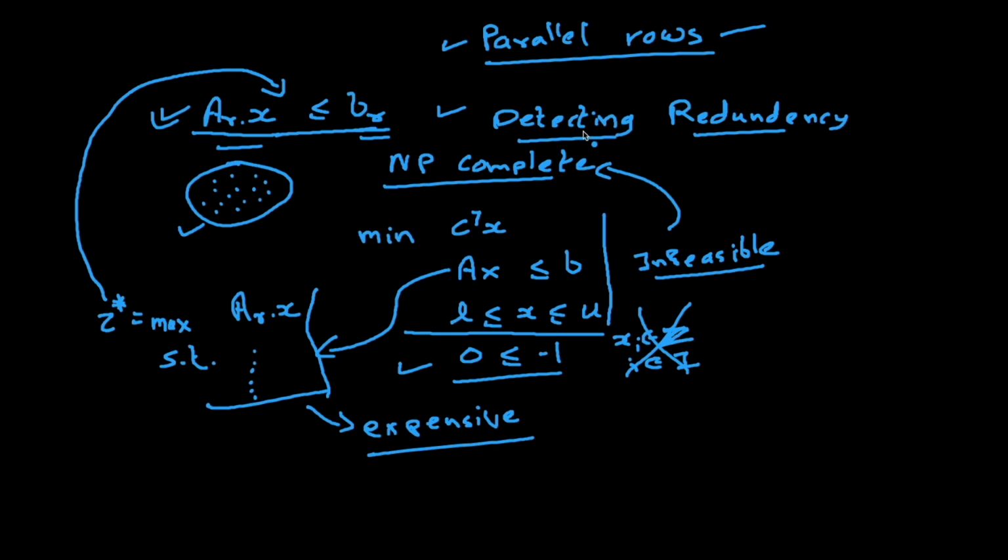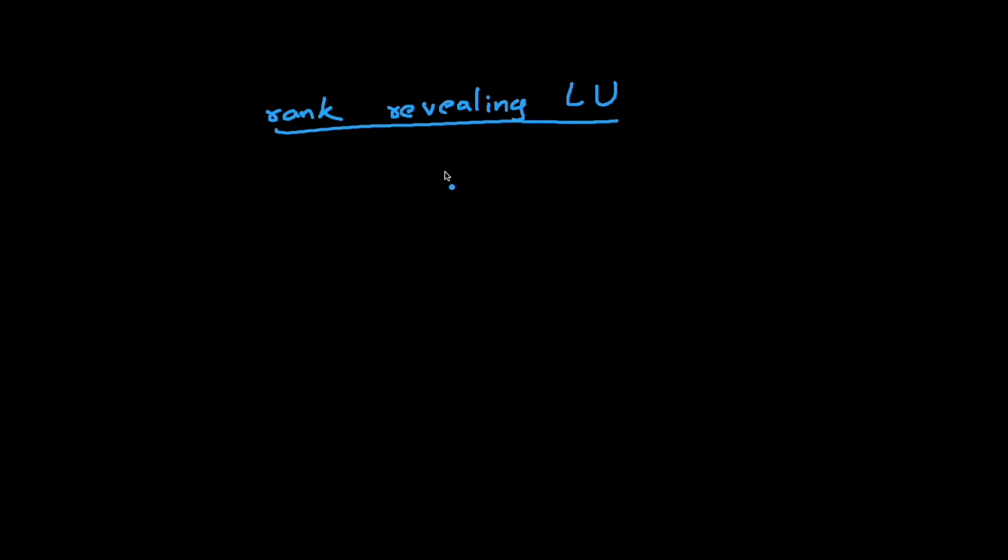Another thing is a special type of factorization of this kind of matrix. It's called rank revealing LU factorization, by Miranian and Gu.